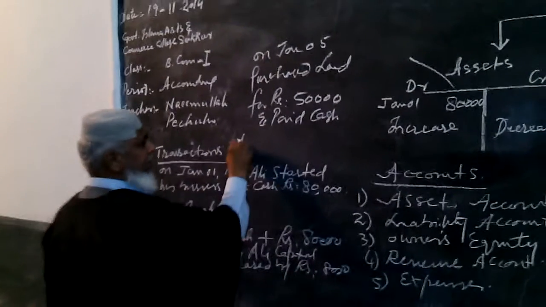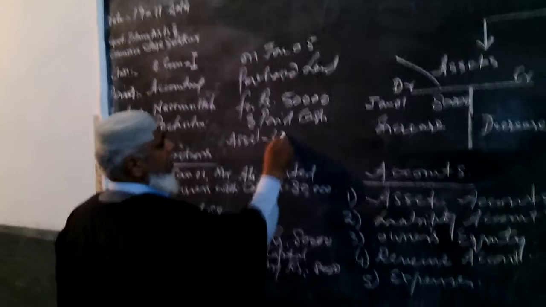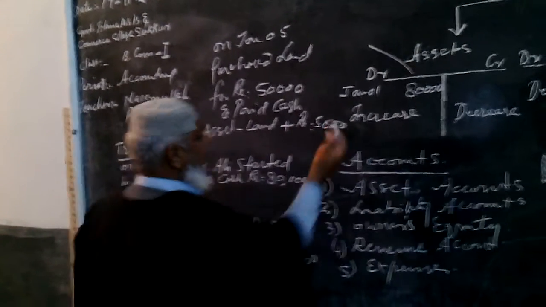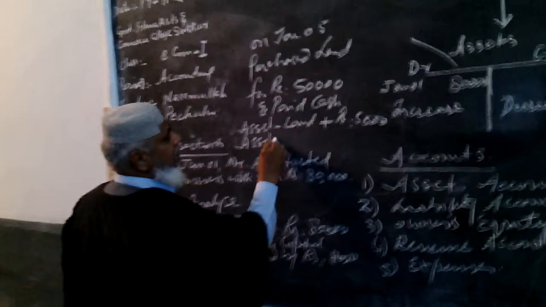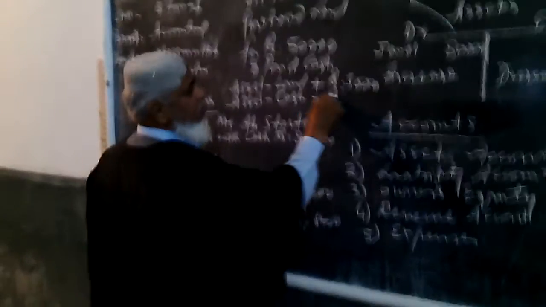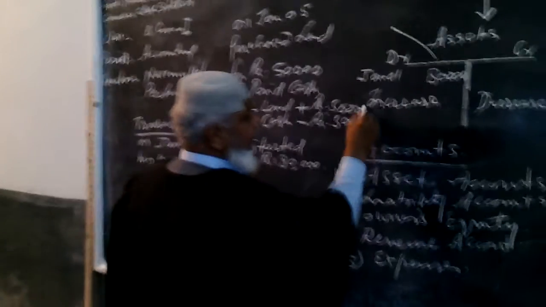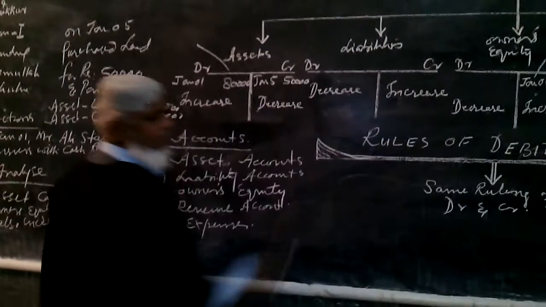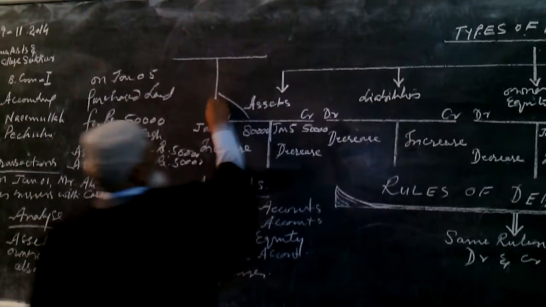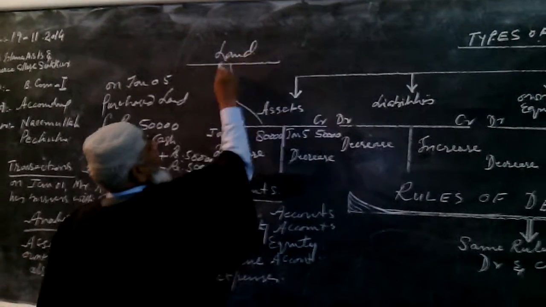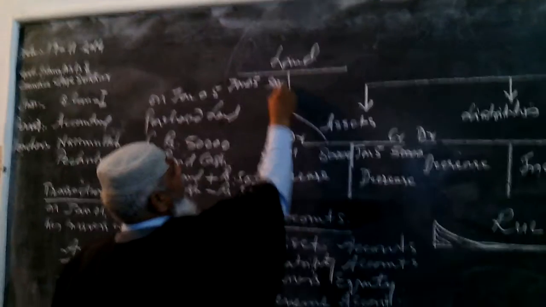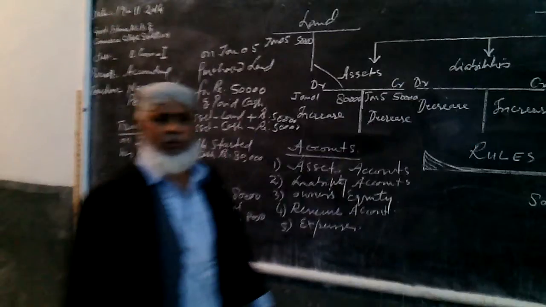So asset land increases by rupees 50,000 and asset cash decreases by rupees 50,000. Cash will decrease: on January 5, 50,000 you record as a decrease, and to the land account you record an increase on the debit side. Rule proved.